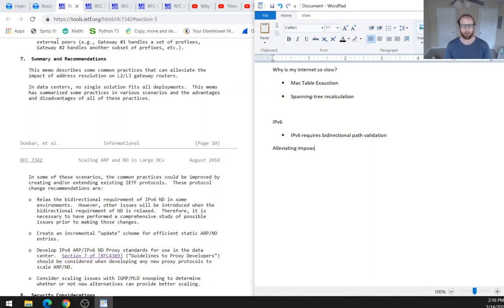Alleviating impact of address resolution on L2/L3 gateway routers. So one of them I remember was gratuitous ARPs.